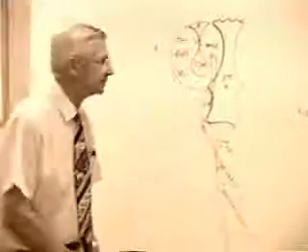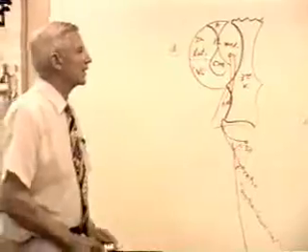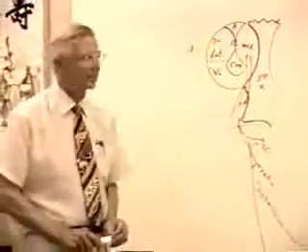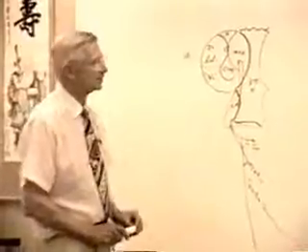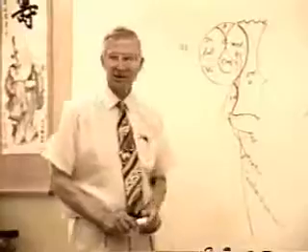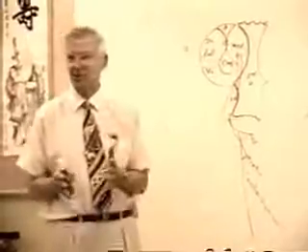The next system to consider briefly will be the anterior thalamus. Anterior thalamus is the major relay for the limbic system.